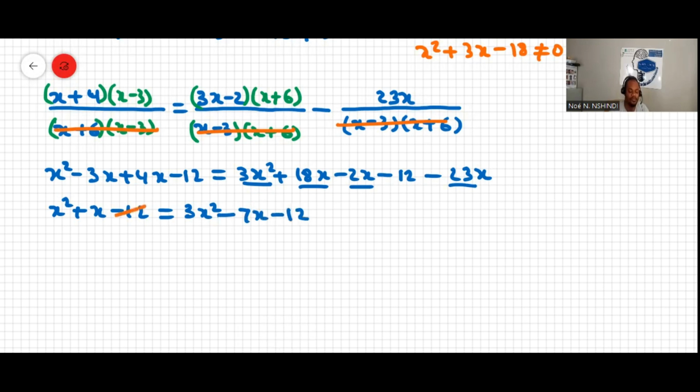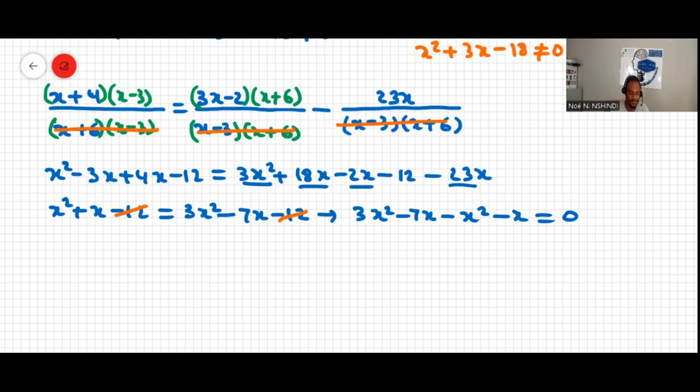Now, negative 12 and negative 12 can be cancelled out. We can simplify that. And then we can move x squared and x over. So that makes 3x squared minus 7x, and if I move x squared, it's going to be negative x squared, and then negative x equals 0. So instead of saying 0 equal to all these, I just move them to the right hand side and set it equal to 0.